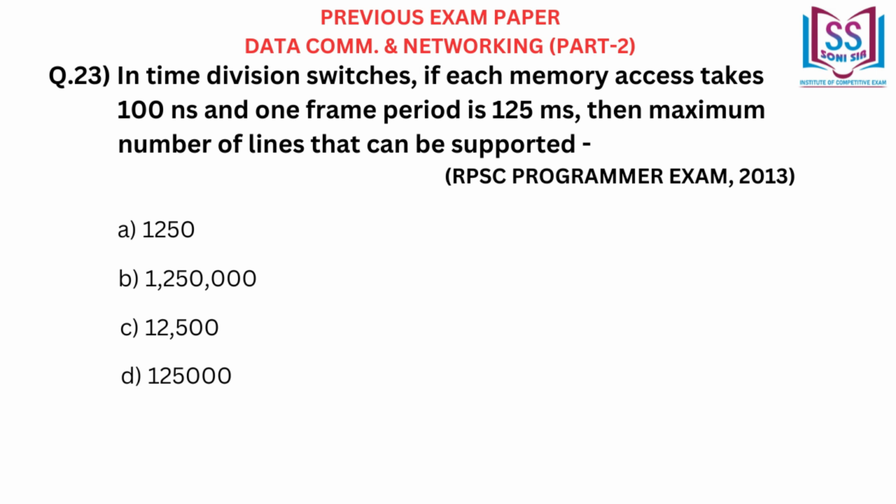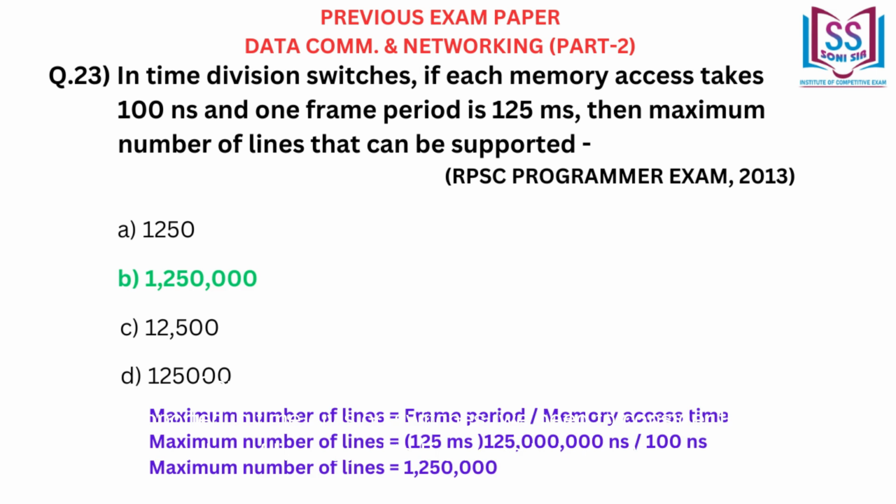D. 1 to 53 times 0. Correct answer B. To determine the maximum number of lines that can be supported in time division switches, we need to consider the frame period and the time taken for each memory access. Maximum number of lines equals frame period divided by memory access time.